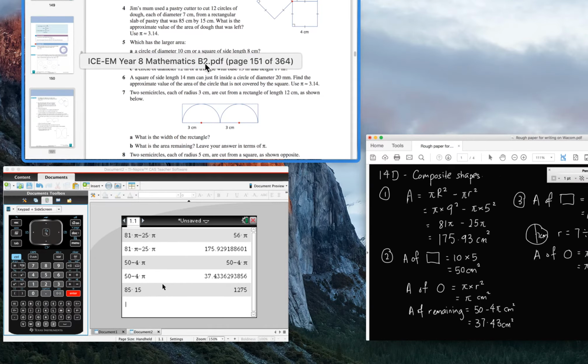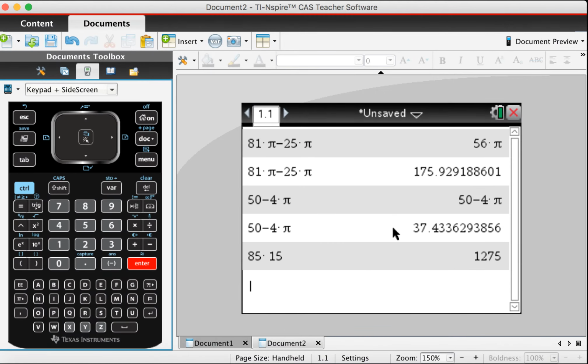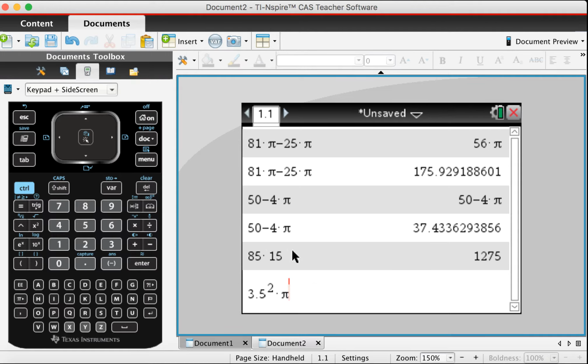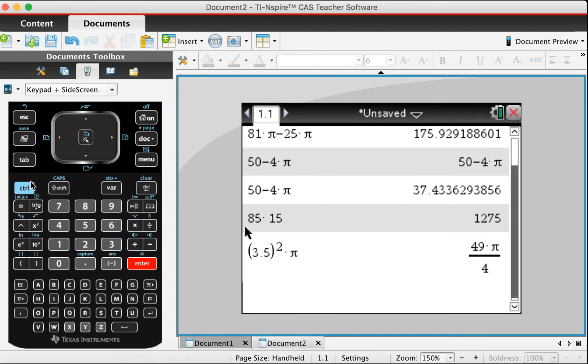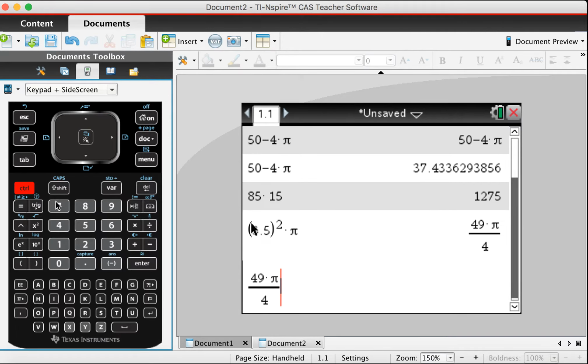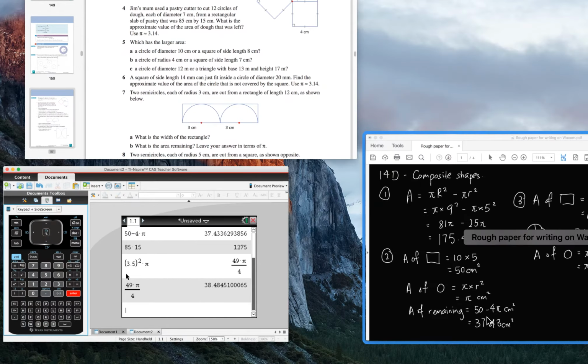Now because the question says approximate value, we don't really have to keep it in pi. So it's 3.5 squared times pi. And that means it is 38.48.